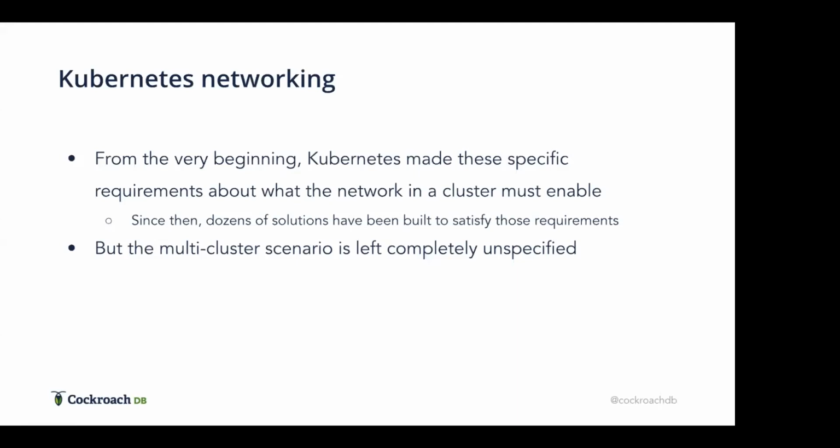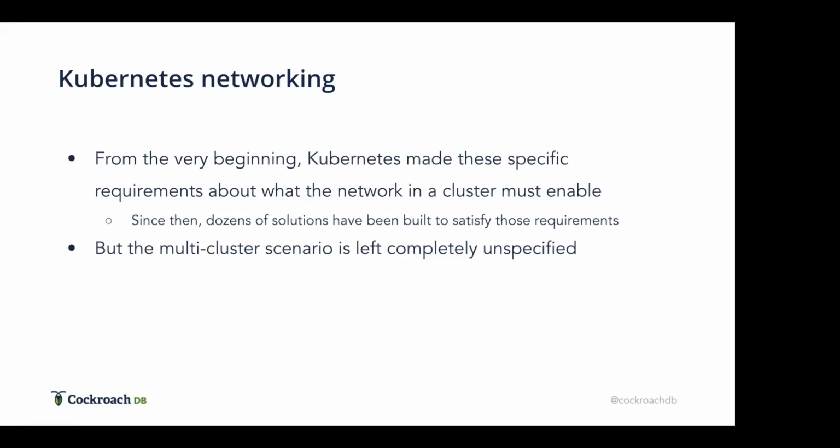So the way that multi-cluster works is completely left up to the implementation details. It's kind of like when you're running a C program and you hit some undefined behavior: maybe it'll work for you on one C compiler and one architecture, and maybe it won't work for you on the other C compiler and the other machine architecture.